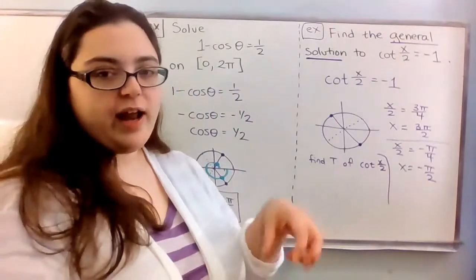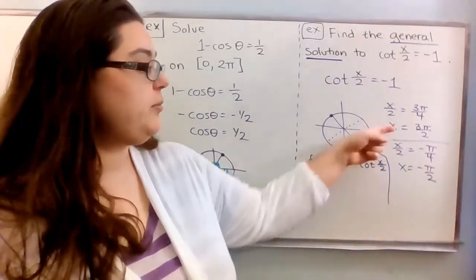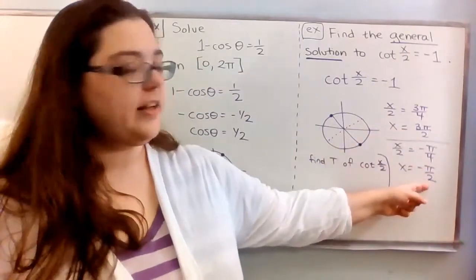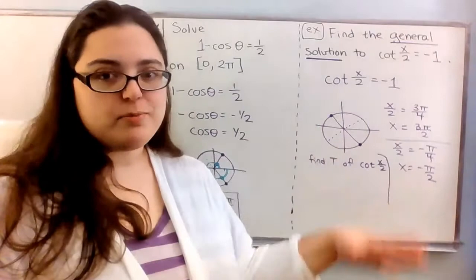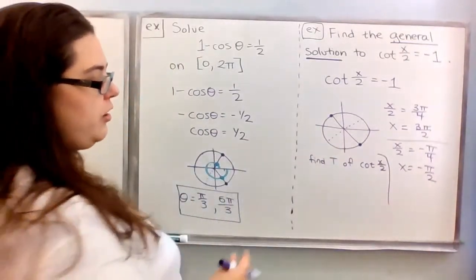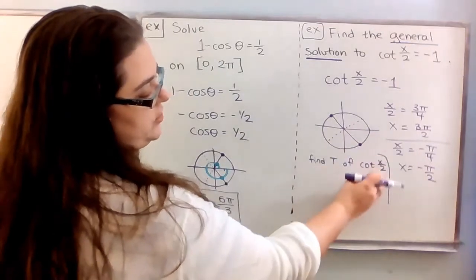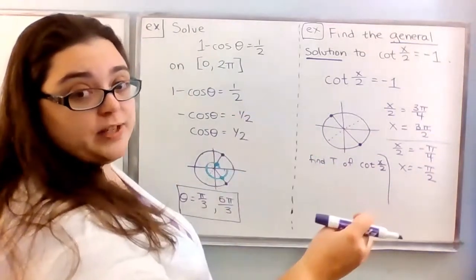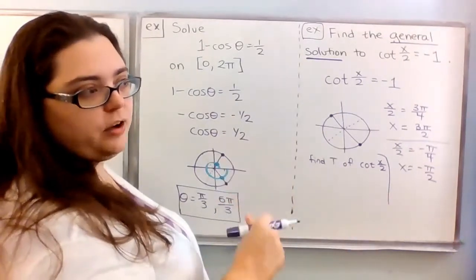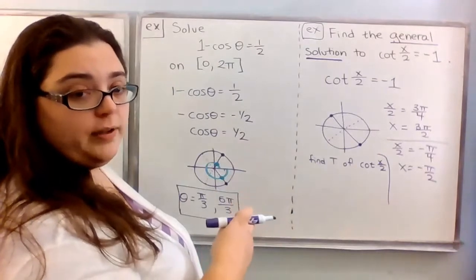All right, so we found our base foundational points here. So our foundations are going to be at 3 pi halves and at negative pi halves. Then we're going to need to add multiples of the period. So I want to find the period of cotangent of x over 2. Now remember, when we were graphing trigonometric functions, if we have sine, cosine, secant, or cosecant, the period is 2 pi over omega.